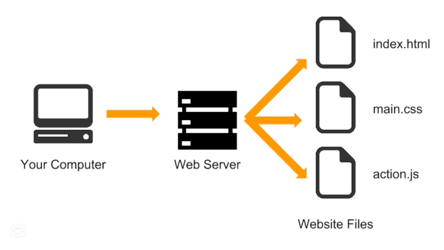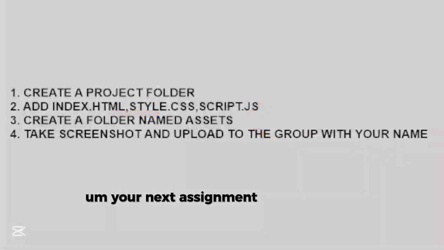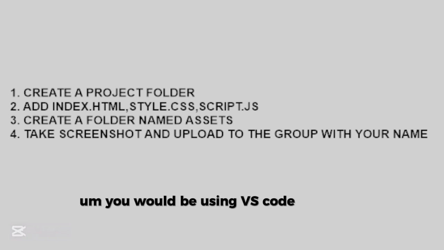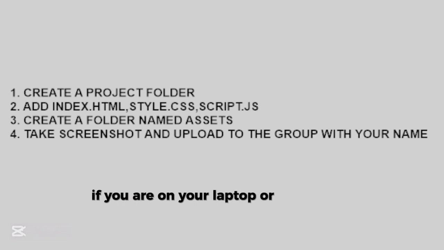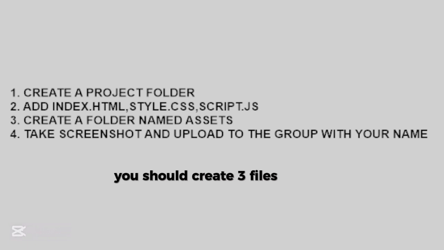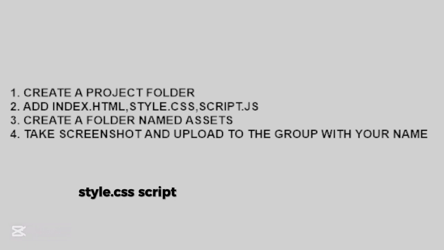So your next assignment would be a very simple and clean assignment. You would be using VS Code if you are on your laptop or PC, or if you are using mobile, you would be using Treb Edit as the one we sent in the group earlier. You should create three files: index.html, style.css, script.js. It is very easy.